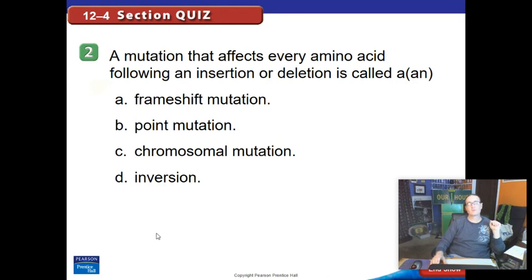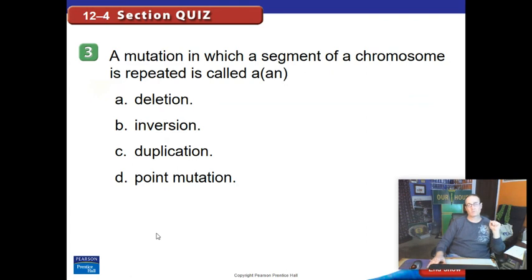What do we call that? Those are referred to as frame shift mutations. Mutation in which a segment of a chromosome is replicated. To replicate means duplicate, therefore it's a duplication.